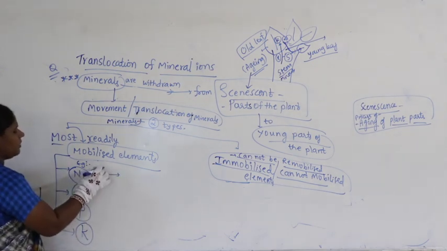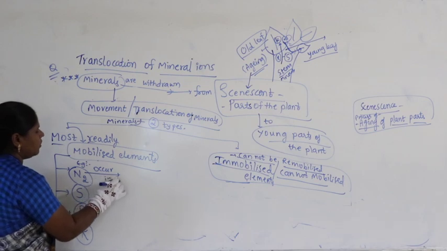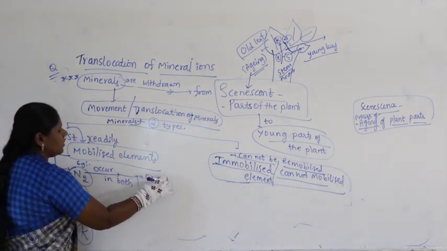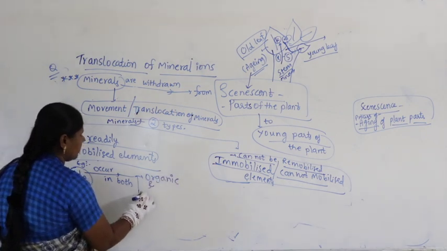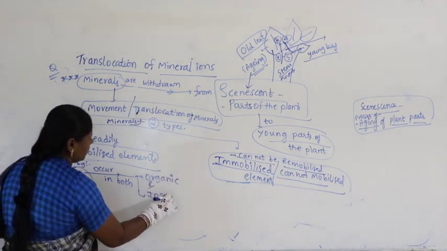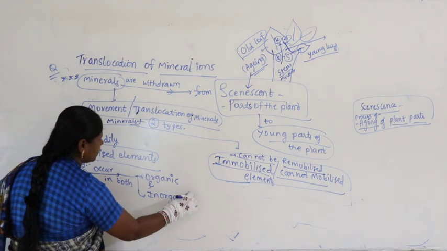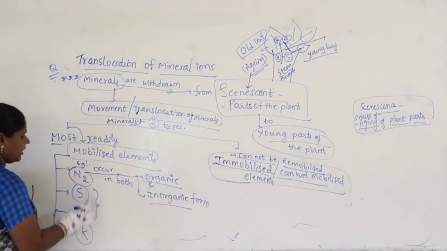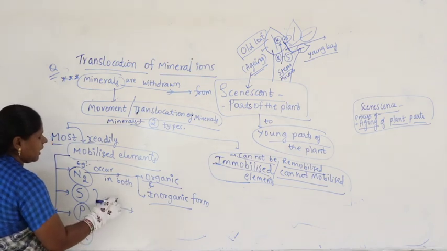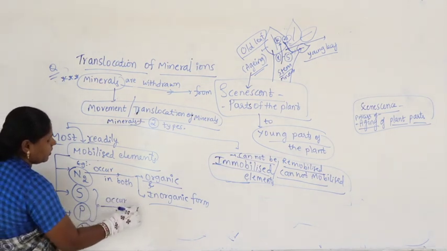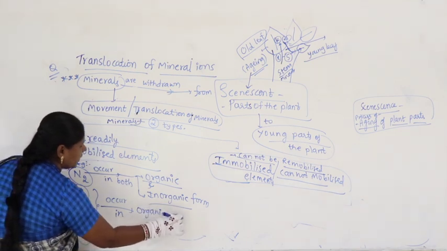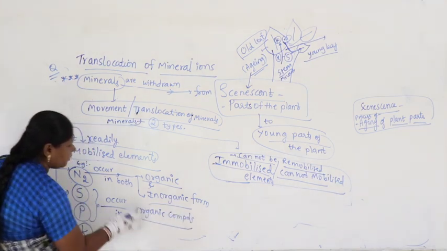Nitrogen occurs in both organic form as well as inorganic form. Coming to sulfur and phosphorus, both occur in organic form. Both occur in organic compounds.